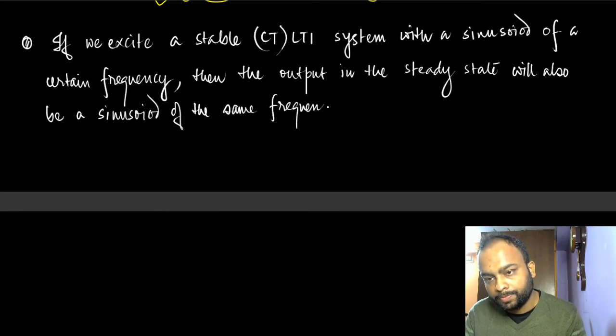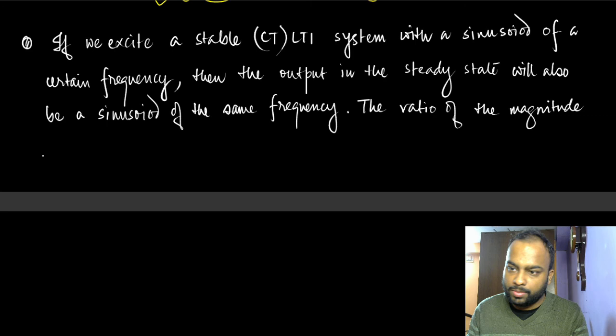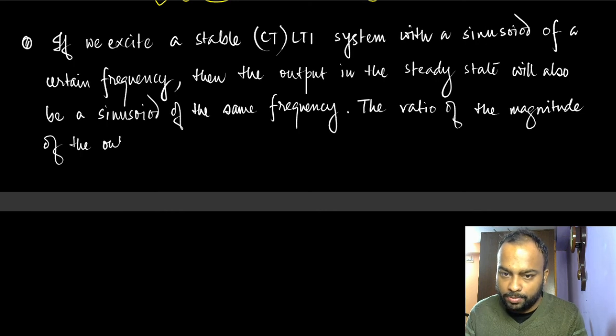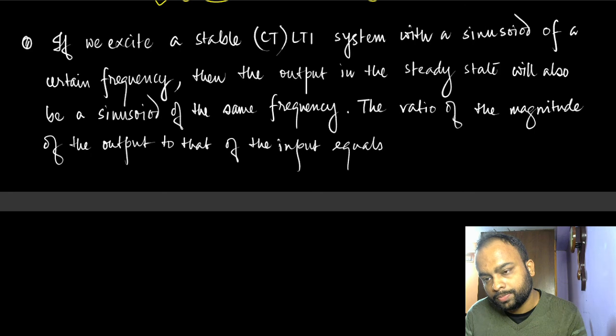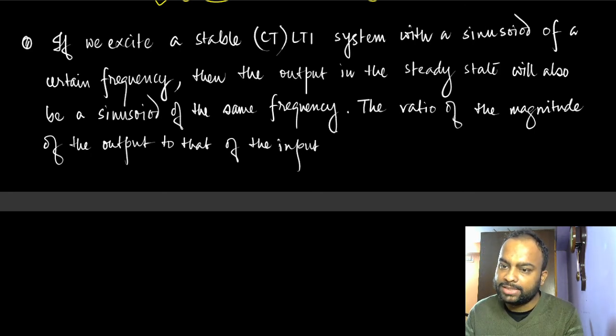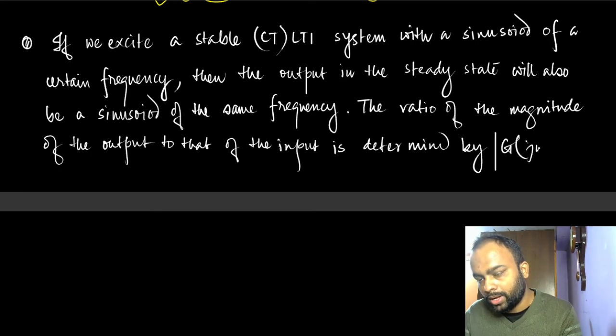The ratio of the magnitude of the output to that of the input is determined by |G(jω)|.